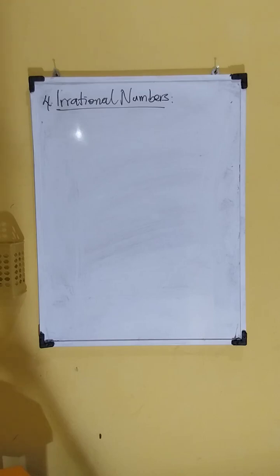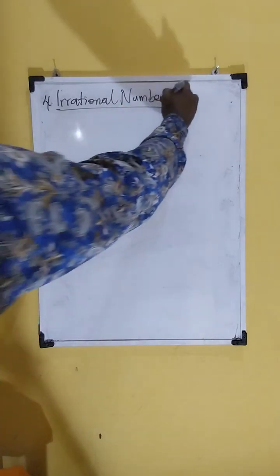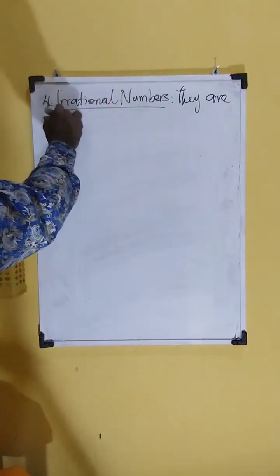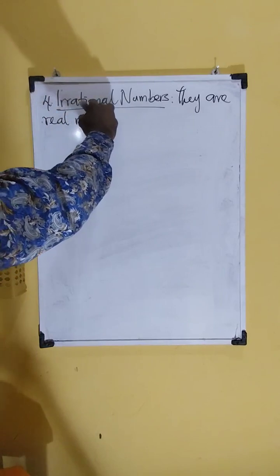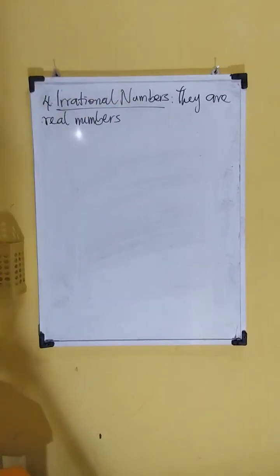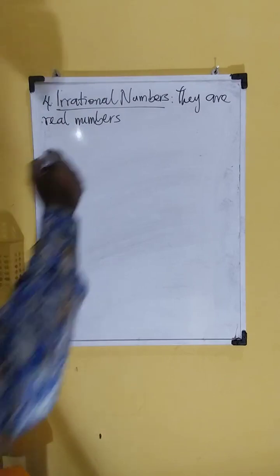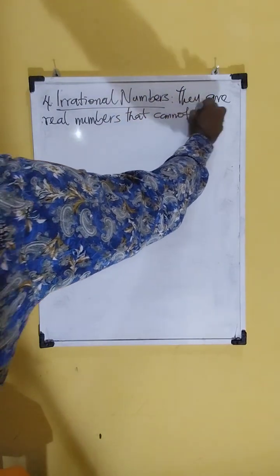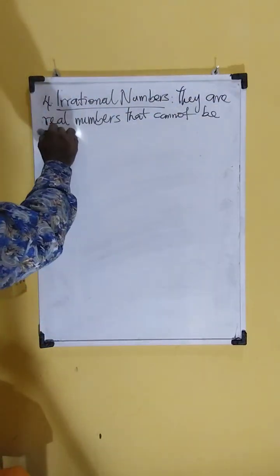So now let's take irrational numbers. Irrational numbers first. They are real numbers. They are first real numbers that cannot be expressed.